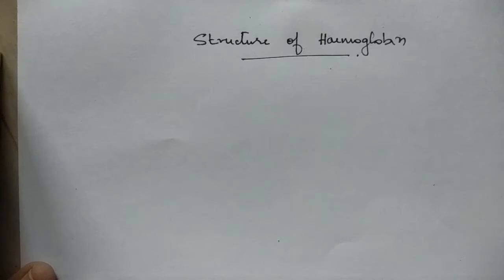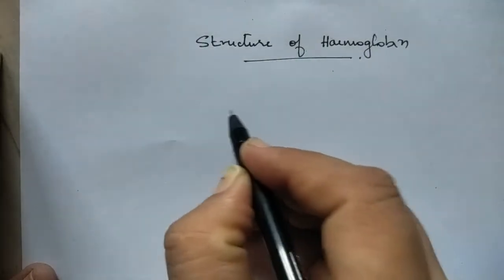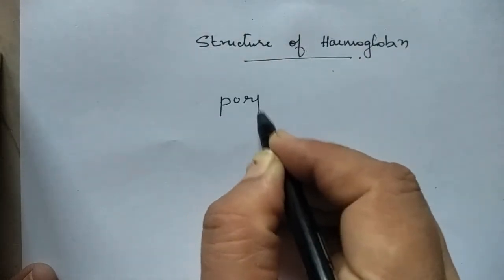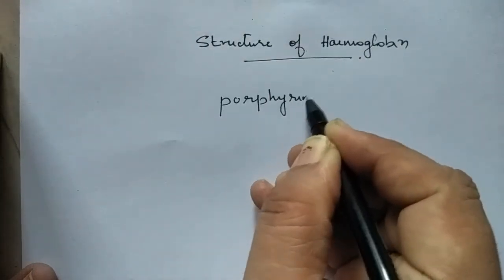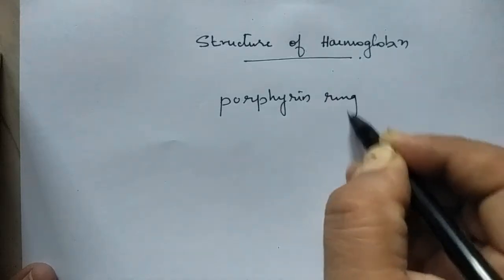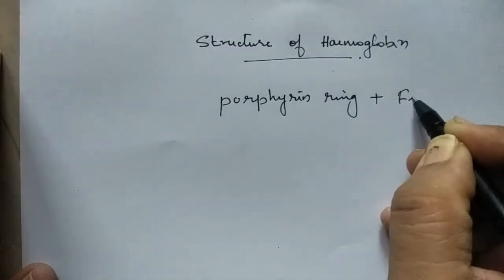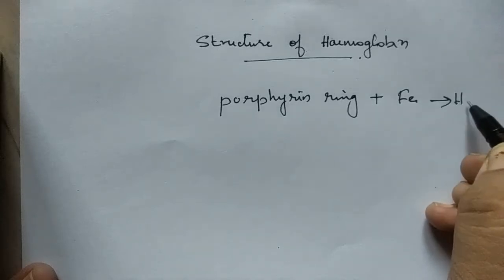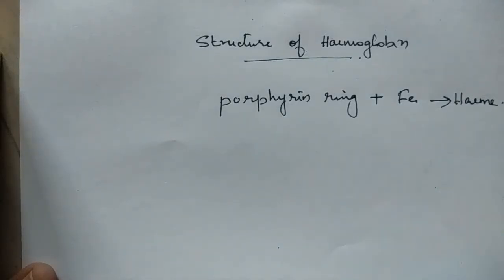Okay, hemoglobin has got a porphyrin ring, and to the center of the porphyrin ring you have an iron atom attached. So when you attach an iron atom to the center of the porphyrin ring, it becomes this heme part.